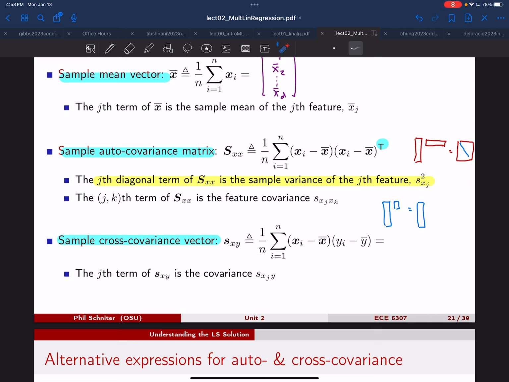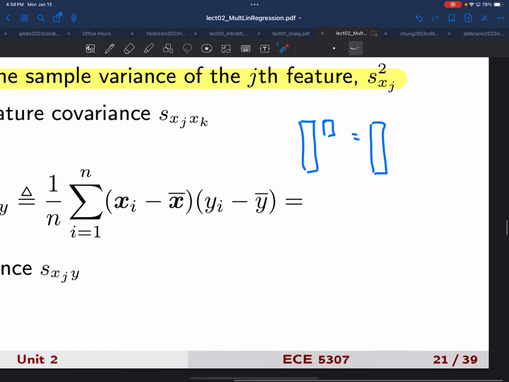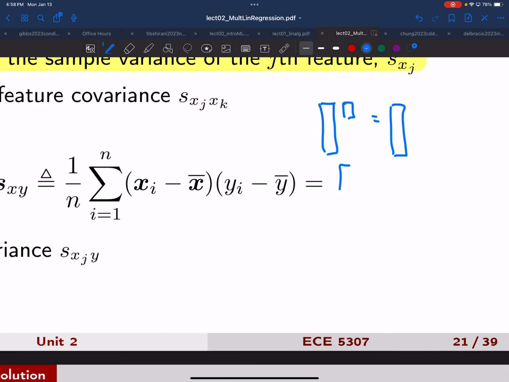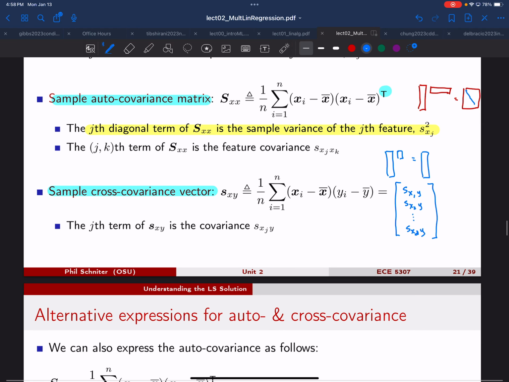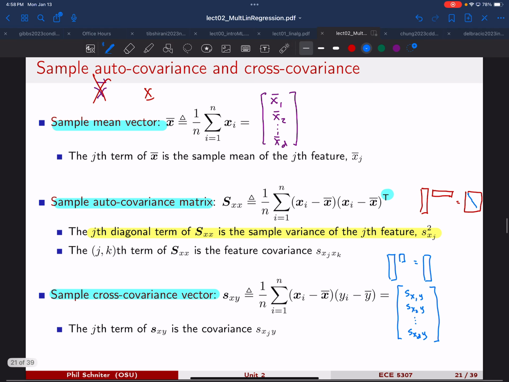Let's look inside it. We have S_x1y, the covariance between the first feature x1 and y, then S_x2y, and so on, all the way to S_xdy. Okay, so those are all the statistical quantities we need. We don't need any more than that. With these, we can fully characterize what's happening in linear regression.